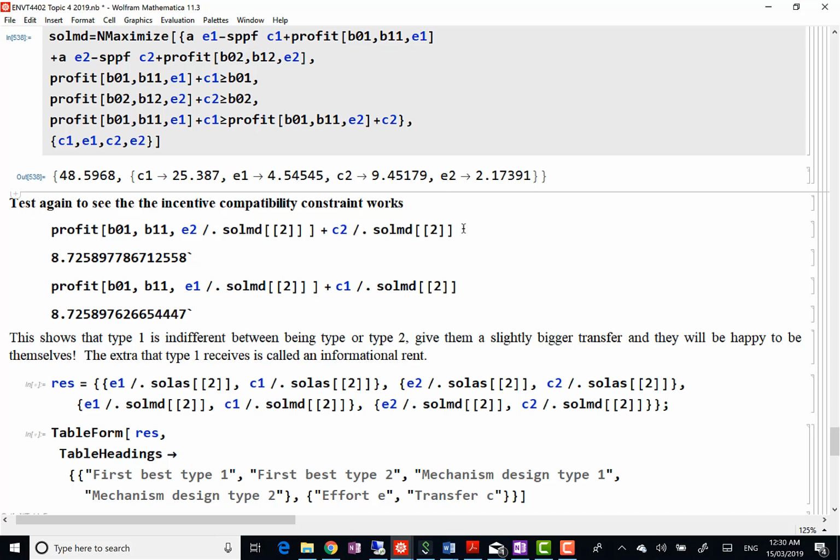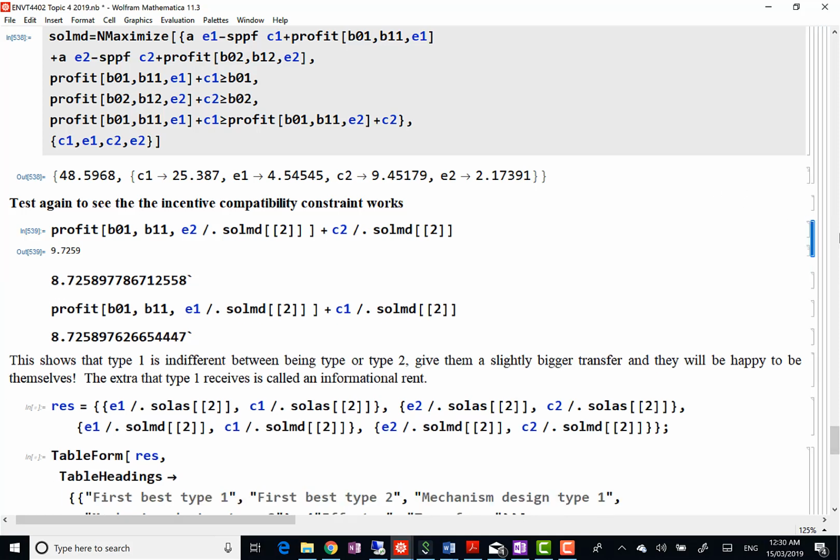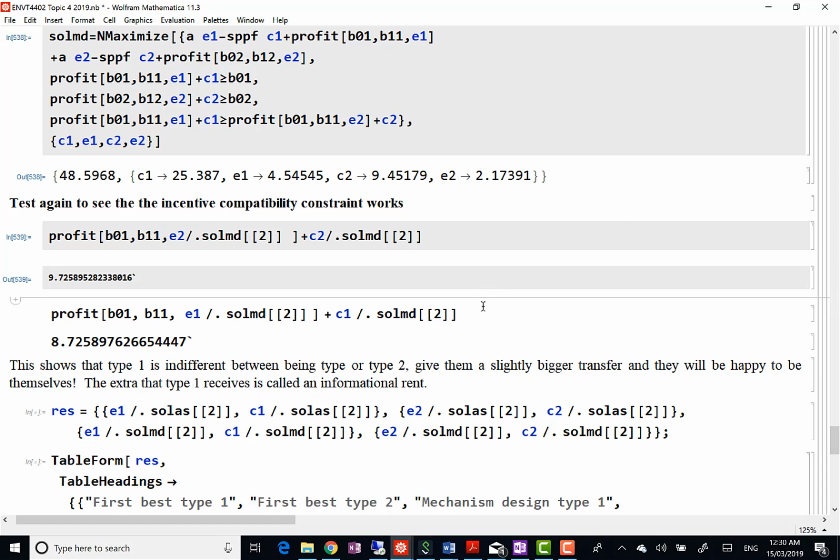So the way to compare that is to look at the 2 solutions. So if you compare the way that they work, the profit from farmer 1 choosing the contract intended for farmer 2 is 9.725.